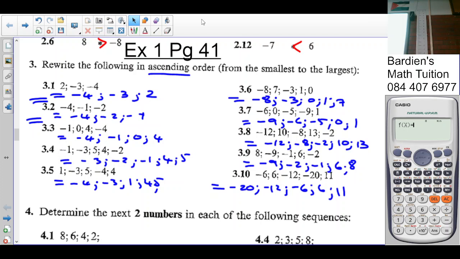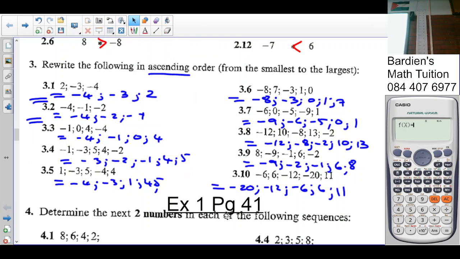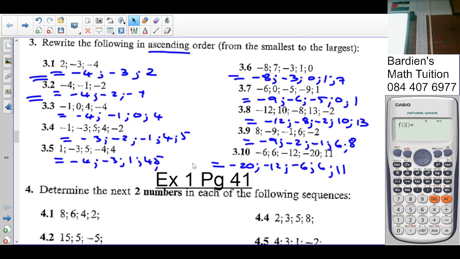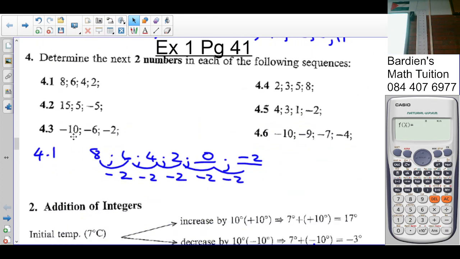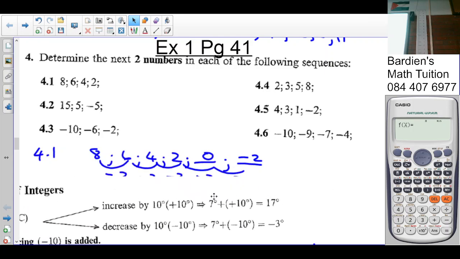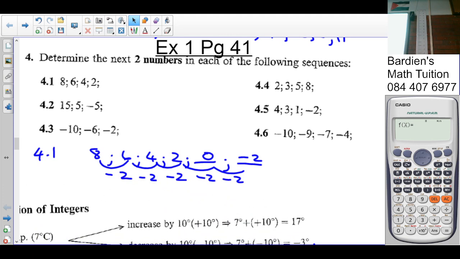Okay. Any issues there? Tell me the next two numbers in the pattern. 0 and negative 2, we did that one. The next one? So we're subtracting 10.